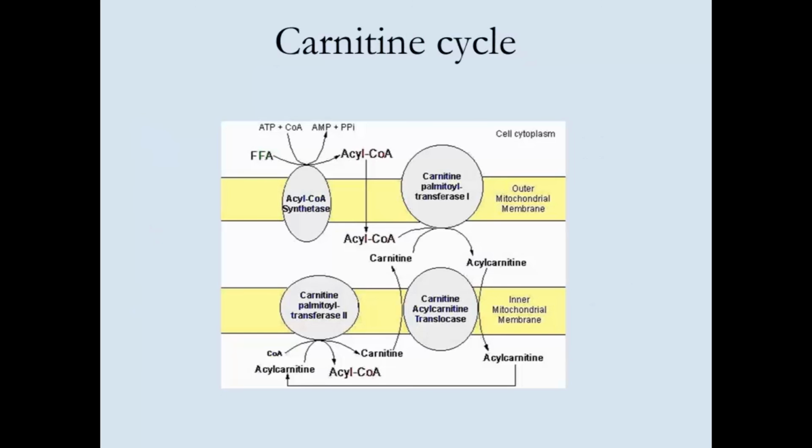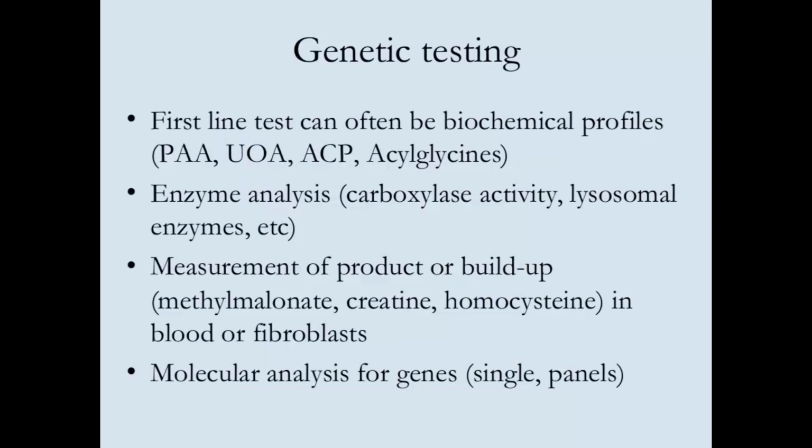So getting real cellular, in the outer mitochondrial membrane, you can have CPT1, you can have CPT2 in the inner membrane, you can have CACT, and then if you have just a low carnitine supply, that's primary carnitine deficiency.